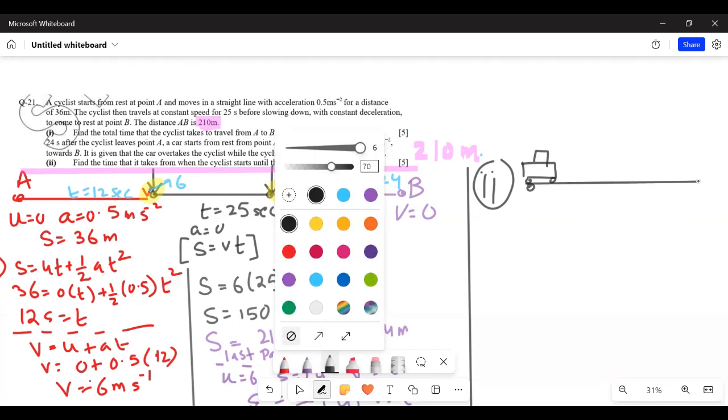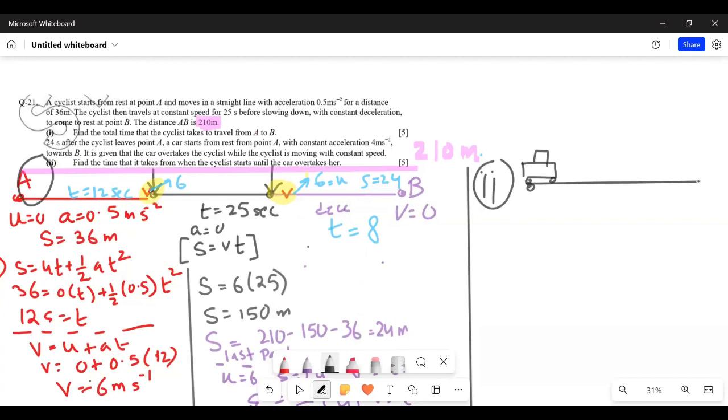So, what was the time we considered here at A when the cyclist left? The time was T. That was the variable we took throughout the first part. So, now when the car leaves, we can't use the same T because that was for the first part. But now the time is 24 seconds later.